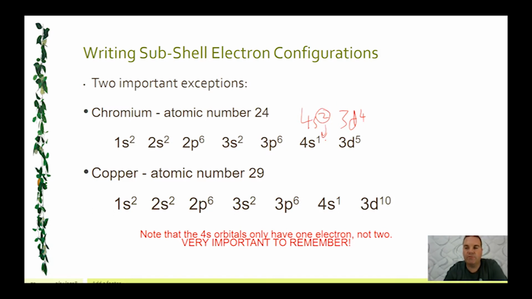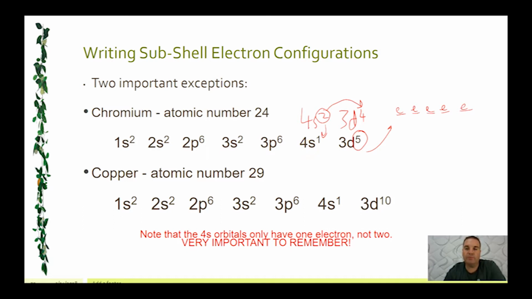Electrons have the same charge, and they repel each other. So it's actually much more beneficial for an electron to go into the d orbital, and then you'll have 5 unpaired electrons, because within the d orbital there are actually 5 orbitals you can have, and the electrons just sit in there individually, so they're not repelling each other, and that's more energetically favorable. That's why it's 4s1, 3d5.